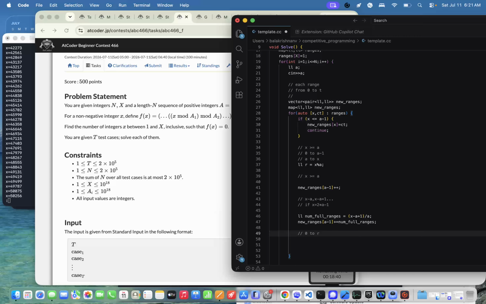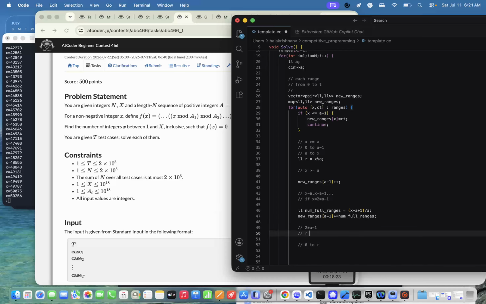So it's the full ranges. So if 2a minus 1, for example, then R is equal to a minus 1. I think it should be R plus 1.